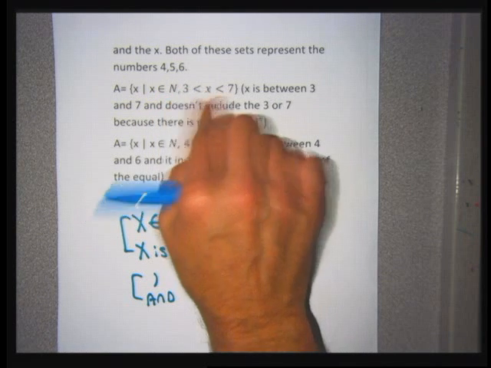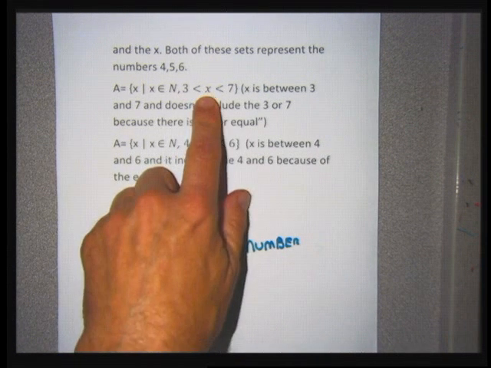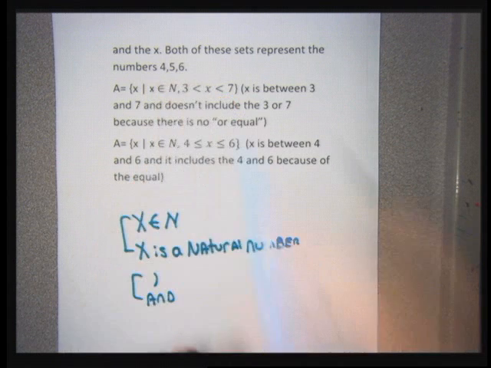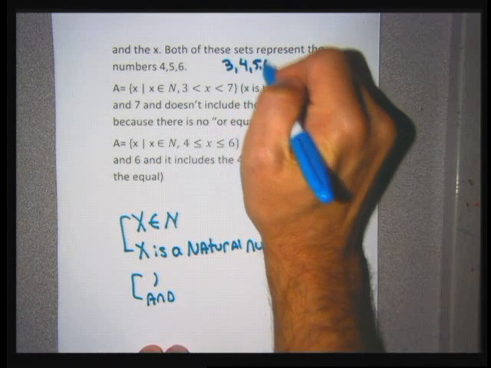And then right after this, the number has to be between 4 and 6. There's lots of ways to do it. Notice in this one, I said x is a natural number between 3 and 7, but it doesn't include the 3 and 7. And natural numbers between 3 and 7, not including the 3 and 7, that's the 4, 5, and 6.